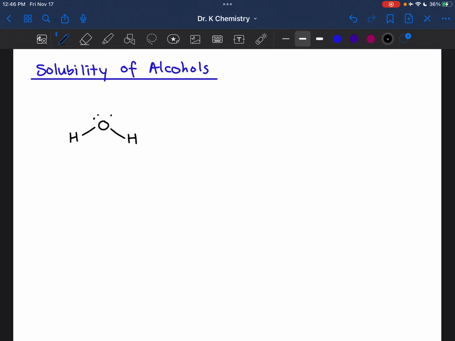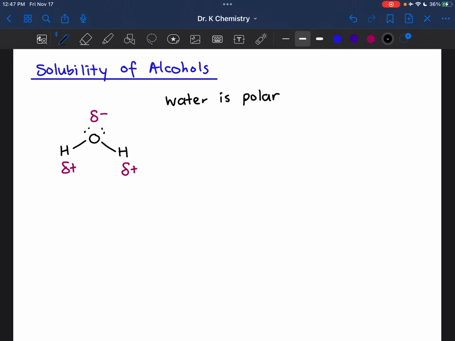So if you look at the structure of water, it has this bent molecular shape, and the oxygen has a partial negative charge because it's very electronegative and it's pulling electron density toward itself. The hydrogens have a partial positive charge because they are less electronegative than oxygen, and some of their electron density is being pulled toward oxygen. So water is very, very polar.